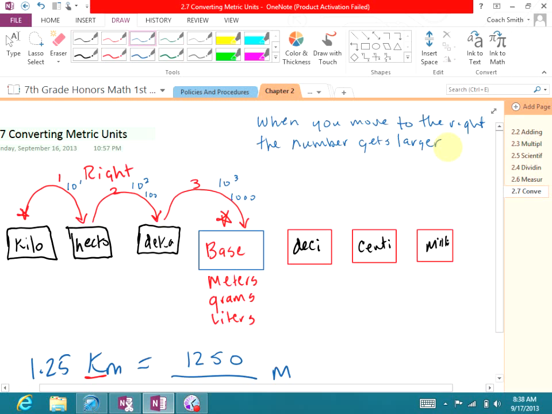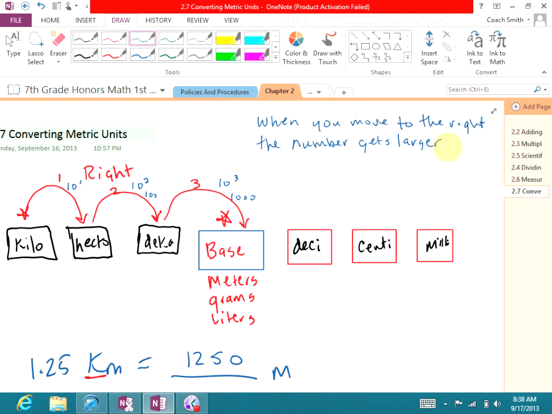In other words, we went from kilometers at 1.25 to meters, which became 1,250. So when you move to the right, the number has to increase. Why would that be so? Who can tell me why that would be so? Nicole? Right, because the units get smaller, so there's more of those units in that unit of measurement.